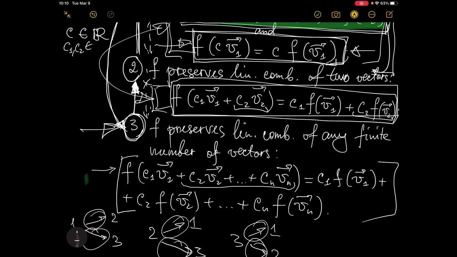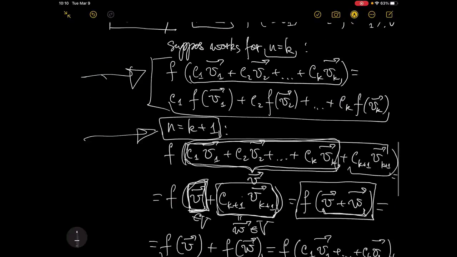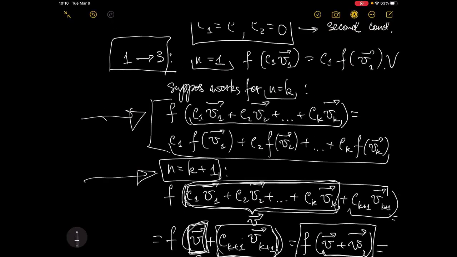Yeah, so pulling out the C1 to CK from number 3, or from number 1, or from K plus 1. You mean from here, right?